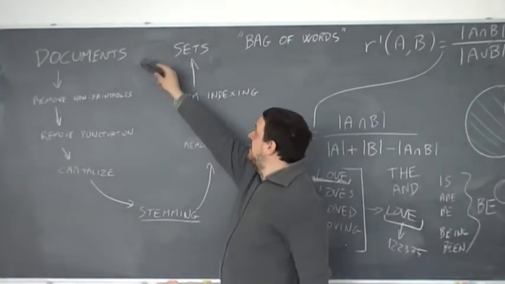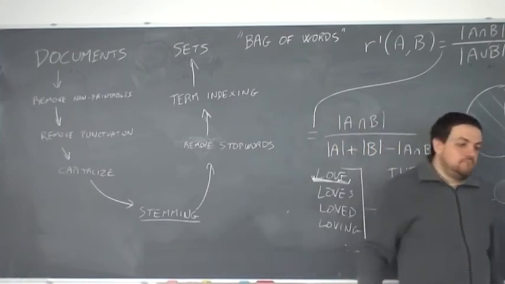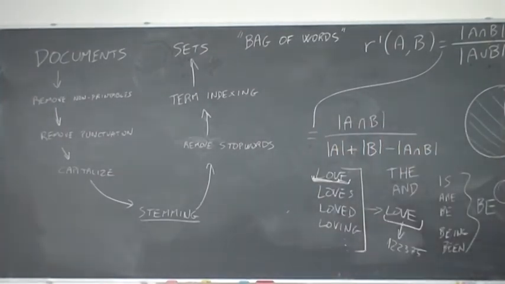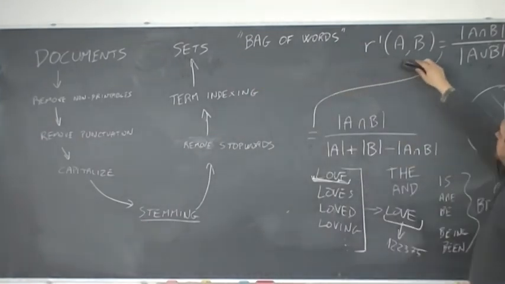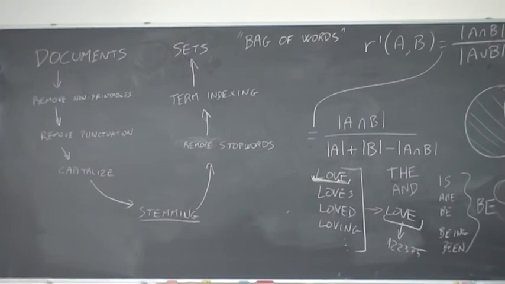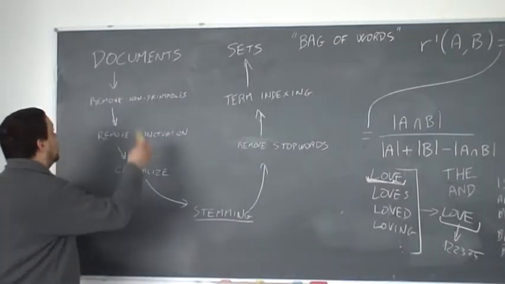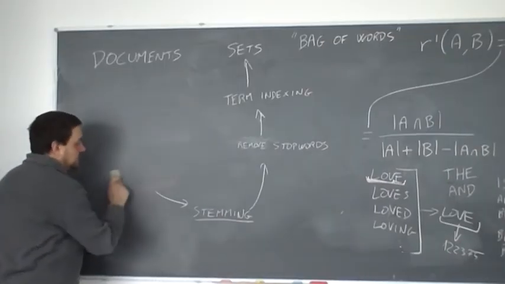The document becomes actually a set of numbers. And if we do this kind of representation, we can, for example, given two documents, compute their similarity based on the Jaccard coefficient.